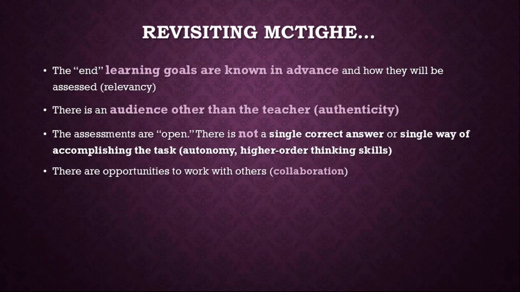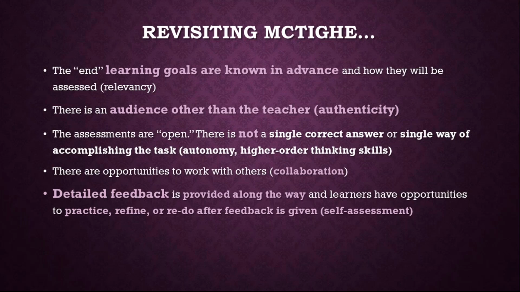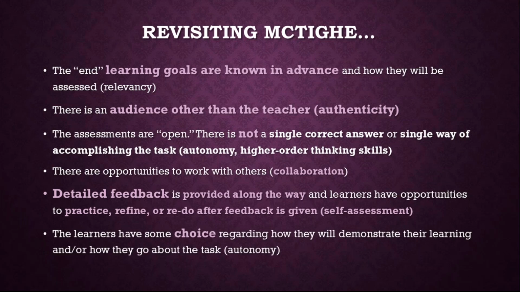Collaboration is discussed by both. Providing detailed feedback and allowing students to refine or revise their assessments helps promote self-assessment characteristics. Like having open-ended assessments, providing choice is an example of autonomy that promotes student engagement.